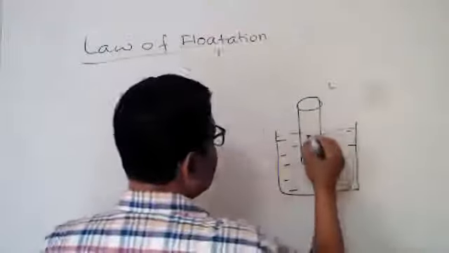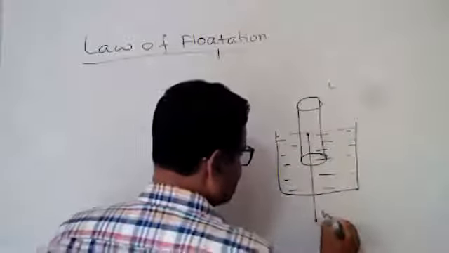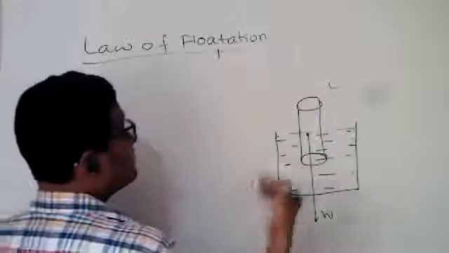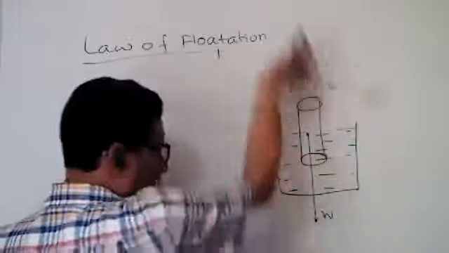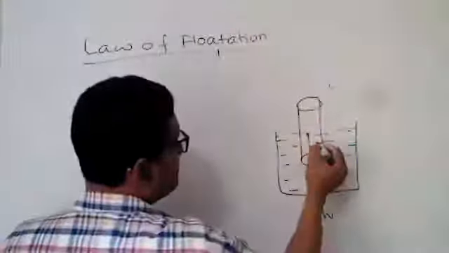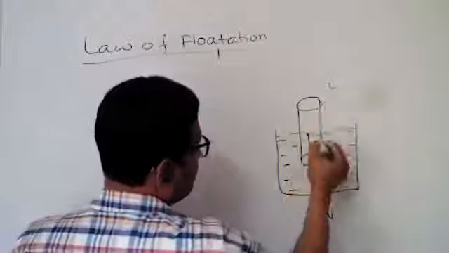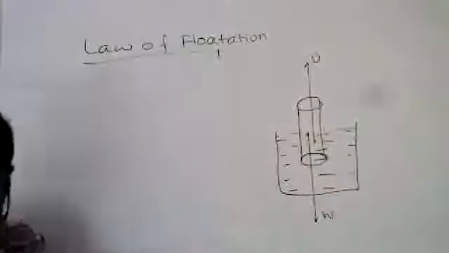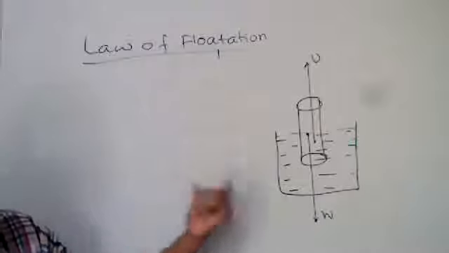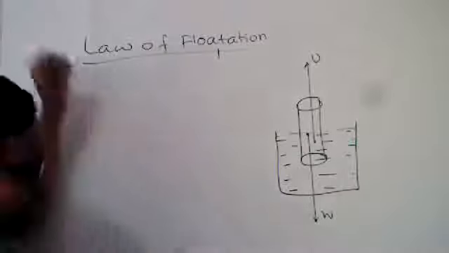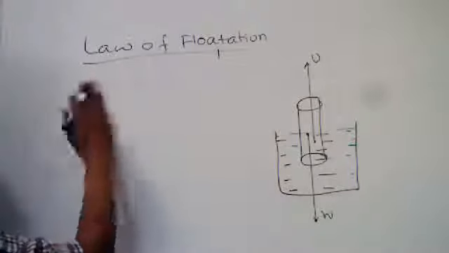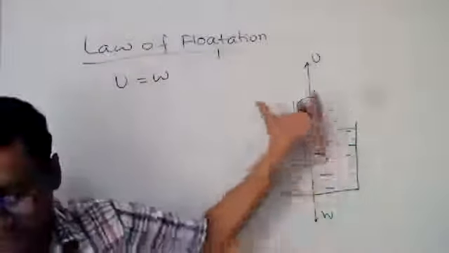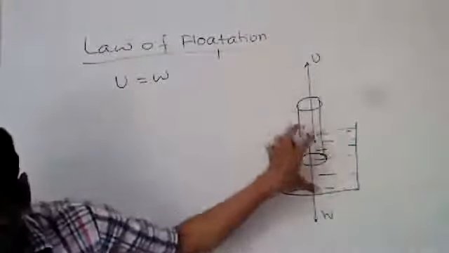The weight of the object acts along this direction, and we know upthrust, that means buoyancy, acts in the upward direction. We denote it U. So for equilibrium, U equals W. That means the object is in equilibrium in this position.